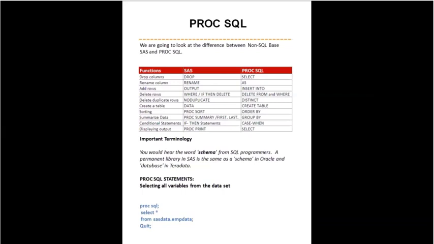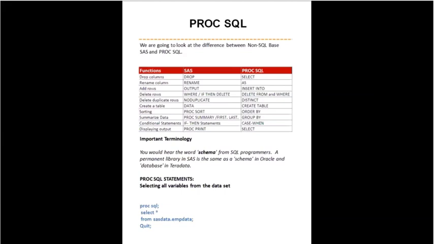Another thing that is asked in most of the interviews, or that you hear from people working on SQL Server or Teradata, is the word schema, and that's very common for SQL programmers. So a schema is nothing but a permanent library in SAS.